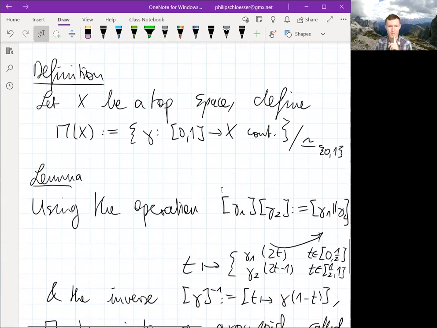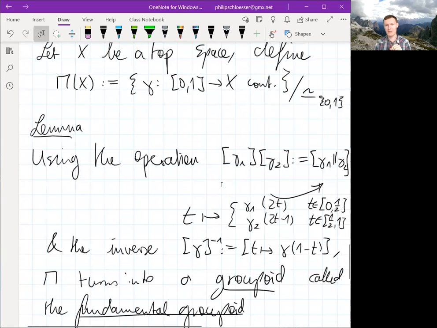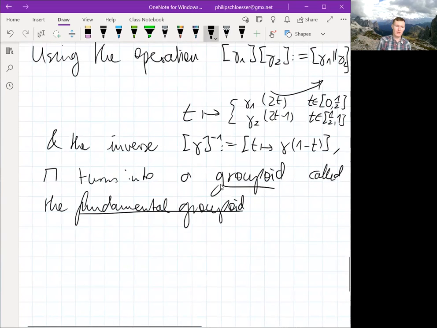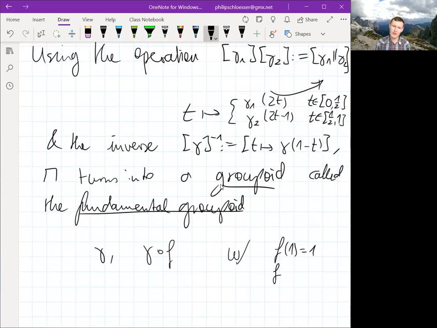So in general, the speed matters up to the fact that we say you should have traversed it in 1 unit of time, but that's everything. If you have a path gamma and a path gamma composed with f, where f is some sort of reparametrization, then they are homotopic. So with f of 1 is 1 and f of 0 is 0.